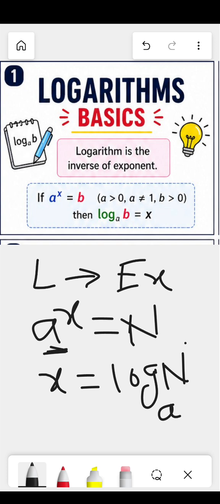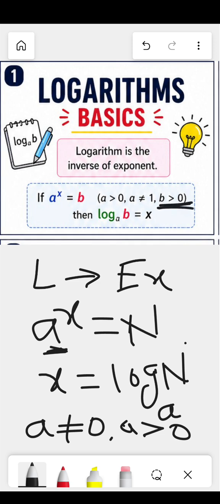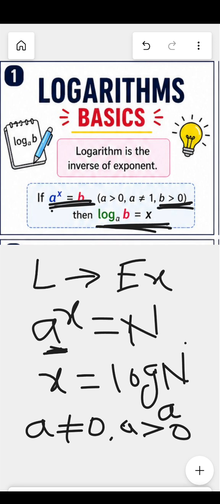Here a is not equal to 0 and a is always greater than 0, and b is also always greater than 0. If a power x is equal to b, then x is equal to log b base a. So this is the definition of logarithms.